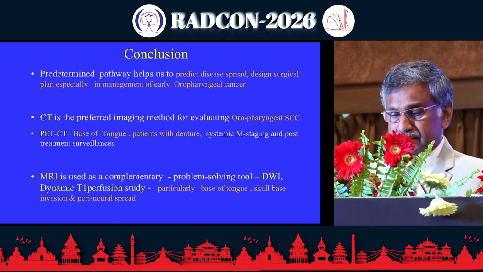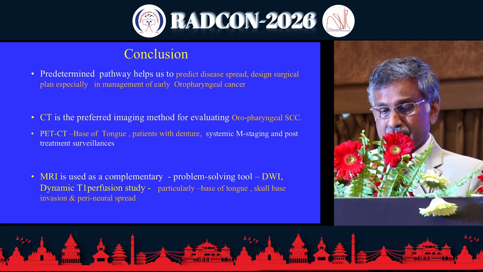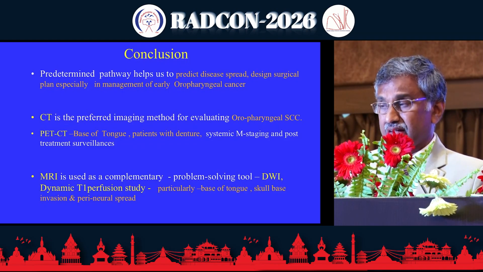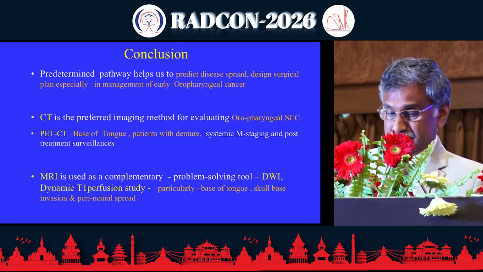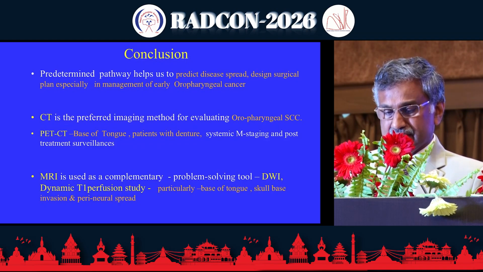PET imaging is useful for base of tongue, patients with dentures, systemic M stage and post-treatment surveillance. MRI is a complementary problem-solving modality, in particular diffusion and dynamic T1 perfusion. With the lack of time, I will not show the dynamic T1 perfusion, particularly for base of tongue, skull base lesions, and perineural spread. This MRI technique will be very useful.